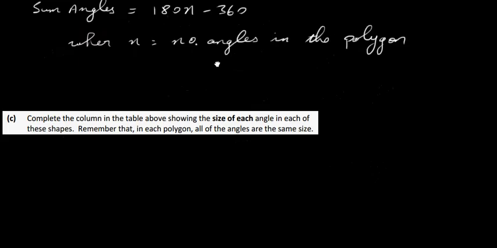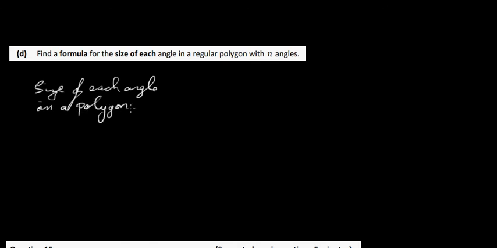We have a formula for these, so all we've got to do is take our formula and divide it by n. So in other words, I'll write down the size of each angle in a polygon with n angles is just going to really be equal to the formula that we worked out.